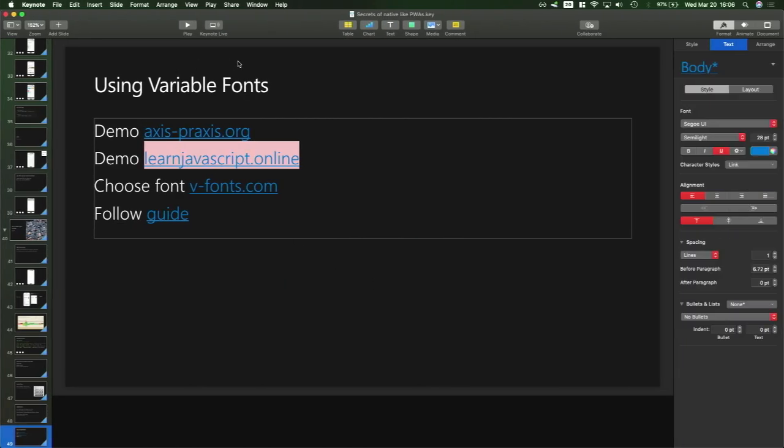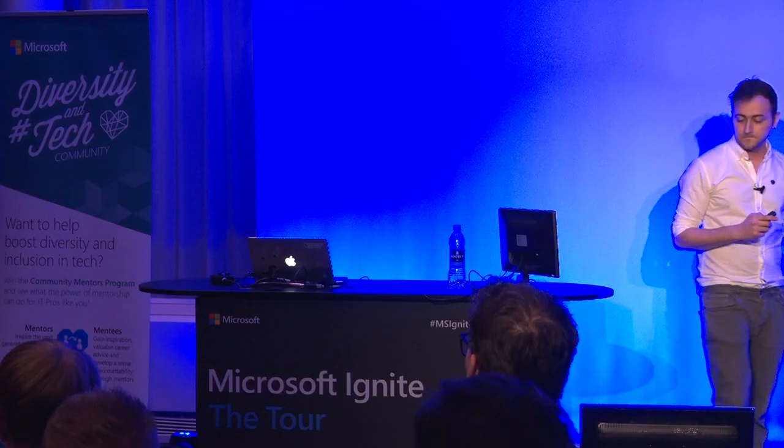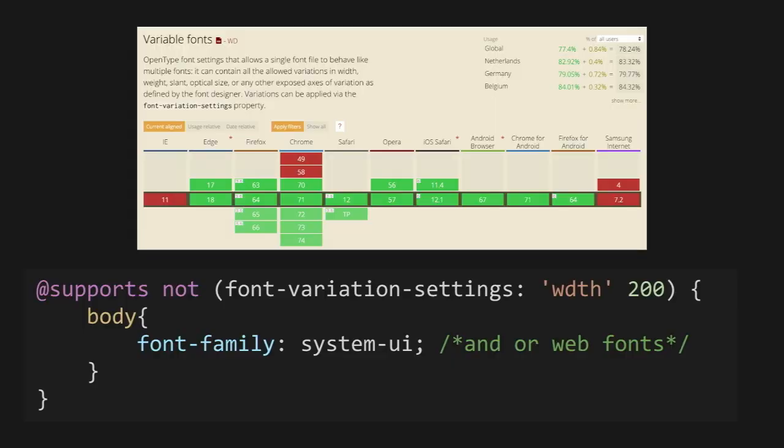So if you want to use variable fonts, you want to go to v-fonts.com, and then you want to follow the guide that's linked here. You will have the slides later on, so you can go to it. Now, this is browser support. It's quite good. You can use it almost everywhere.